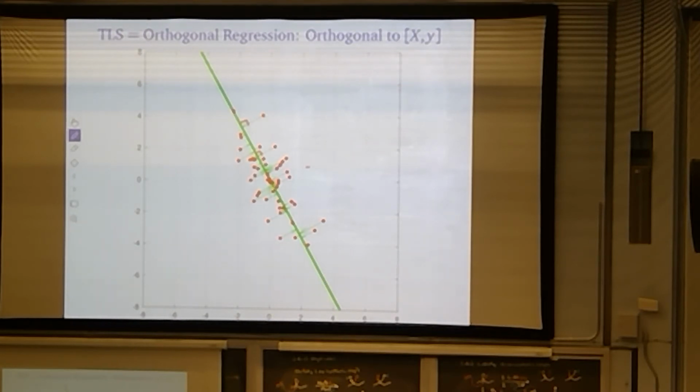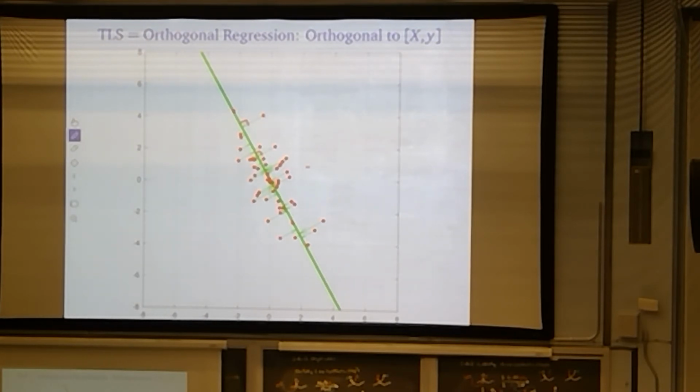If you take the lengths, square them and add them up, the optimal solution has the minimum orthogonal projection error. So TLS is sometimes called orthogonal regression.